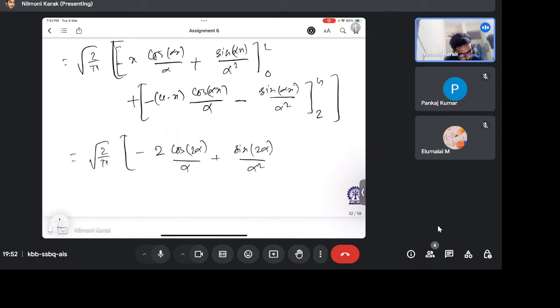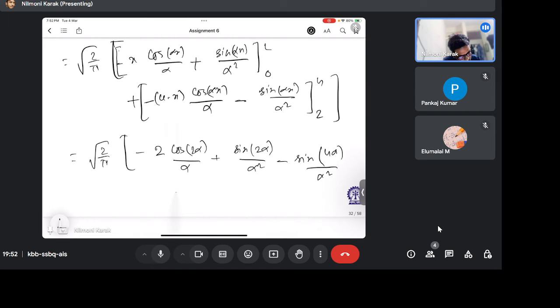Okay, and for the upper limit of the second term, 4 minus 4 is 0 and only minus sine 4 alpha by alpha square.